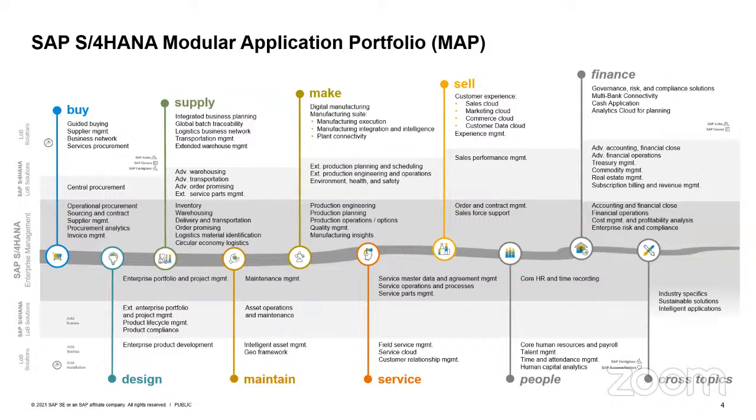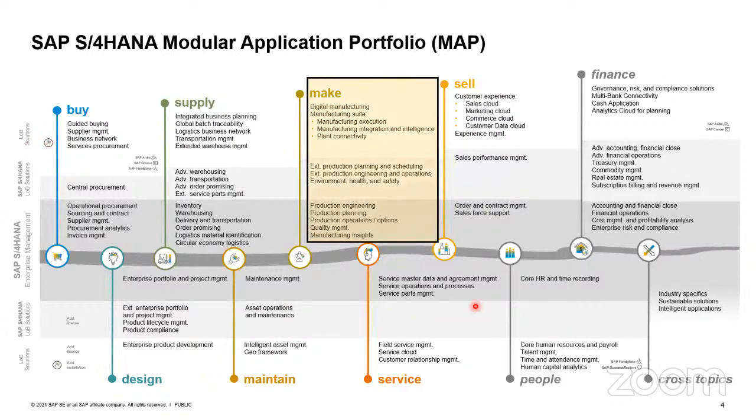In this slide, you can see the complete snapshot of the SAP S/4HANA modular application portfolio, wherein we have various LOB-specific processes and functions listed, plotted with their fitment as part of the SAP enterprise management layer, as well as the areas which cut across the category of LOB solutions.